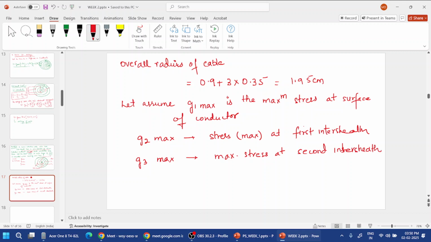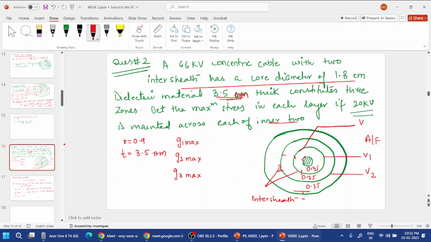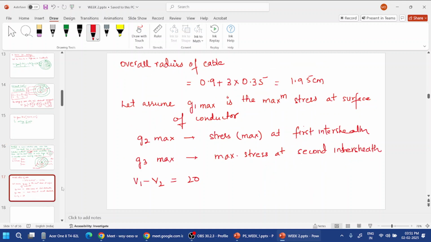So basically V1 minus V2 is given as 20, because the difference in the voltage between the sheets is maintained at 20 kV. So 20 will be V1 minus V2, which is equal to G2 max R1 log R2 by R1. This is the first equation.